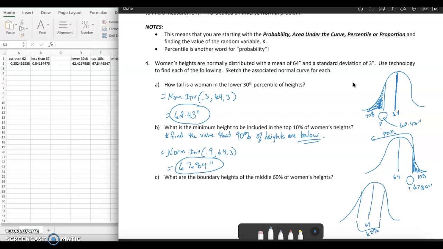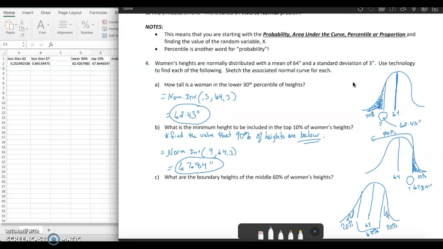So I have to really do some thinking. If 60% is in the middle, we have to go back and think about how we marked off that empirical rule chart. That means 40% is left on the tails on either side, which means there's 20% down here and 20% over here.